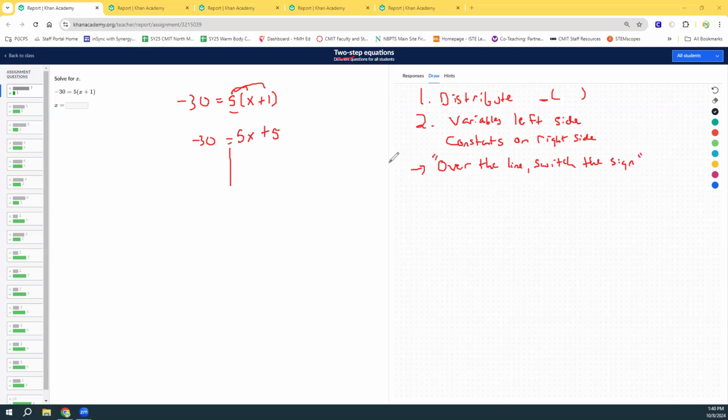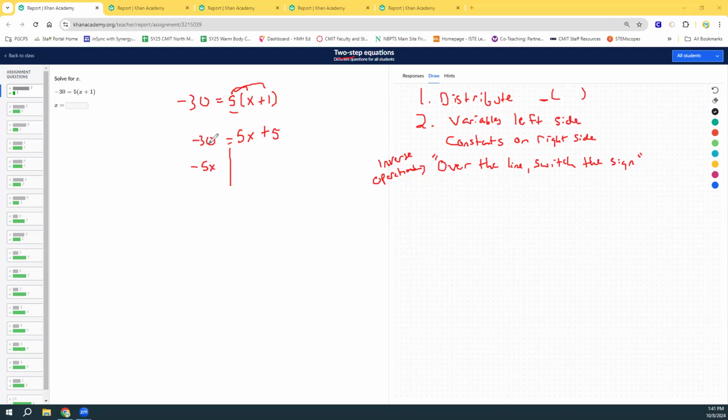This is known as inverse operations, at least the addition and subtraction part of inverse operations. So in order to maintain equality, if we have a positive 5x over here, it's the same as having a negative 5x over here.